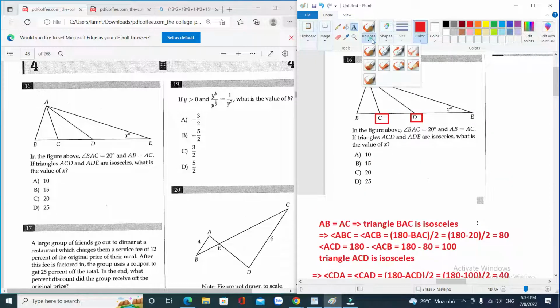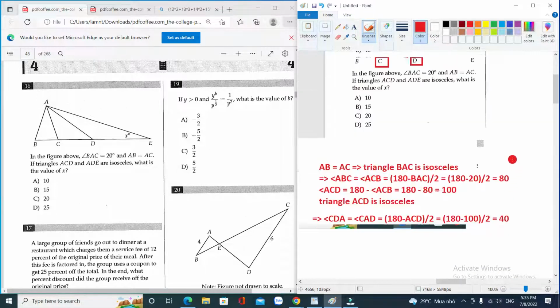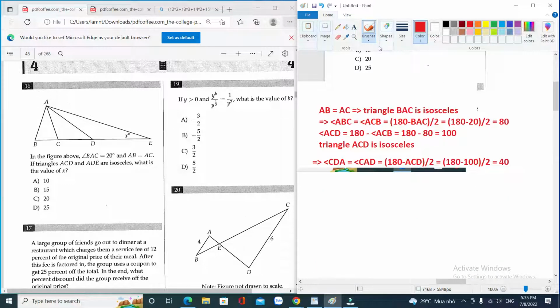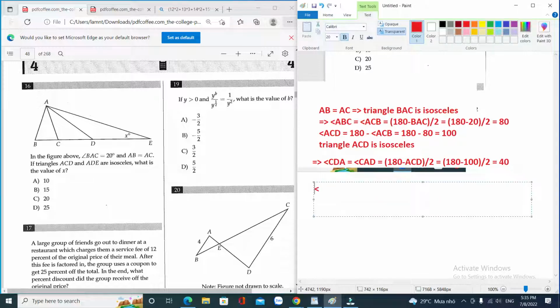Okay, so we know now that this angle CDA is equal to 40, right? So we can calculate this complement angle, ADE.